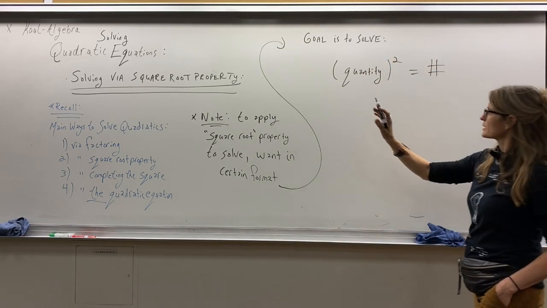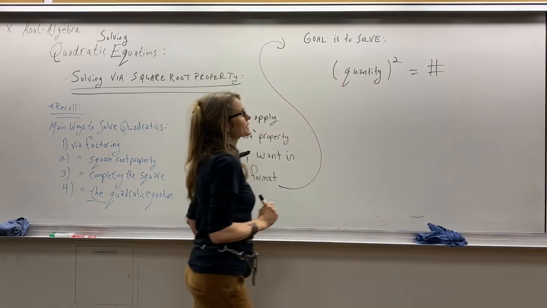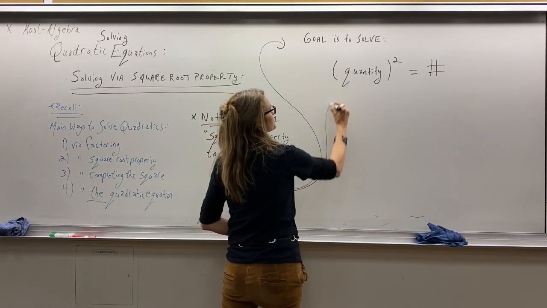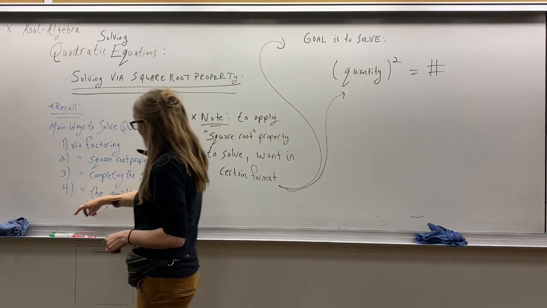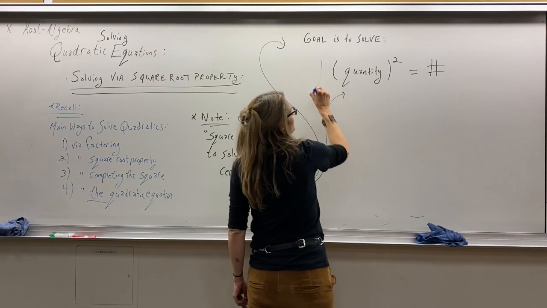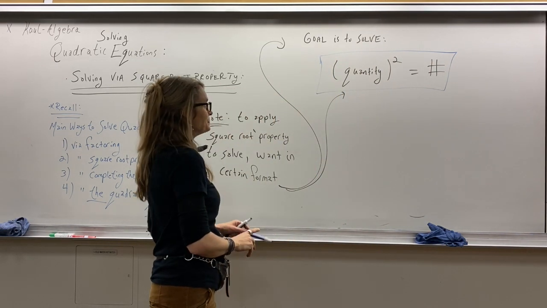Okay? And it's all right if we have a coefficient. We can have a number here too. It doesn't matter. But this is the format that we want. And when we see quadratic equations set up in this format, then it makes it really easy to solve them.